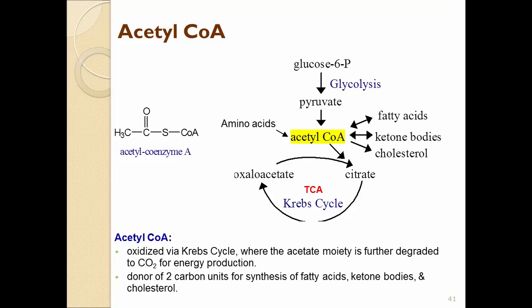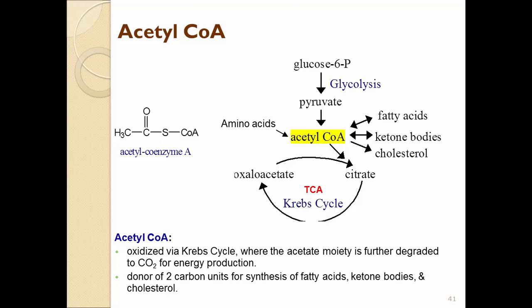And this acetyl-CoA can enter the TCA cycle for complete oxidation to produce ATP, but also to generate citrate. So citrate is very important, it can leave the TCA cycle and enter the fatty acid synthesis pathway, right? So you can convert surplus energy either from amino acids or from glucose to fat, right?